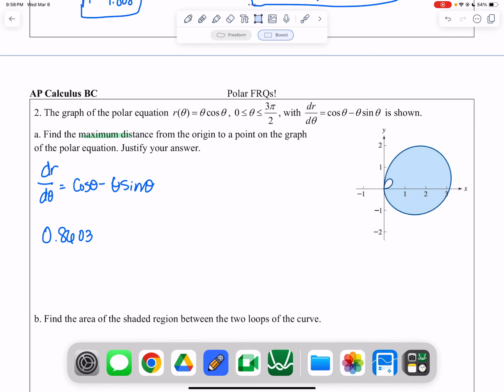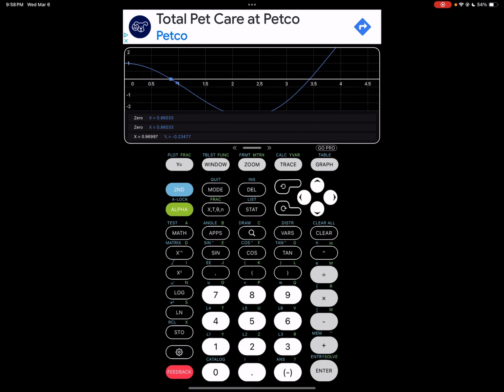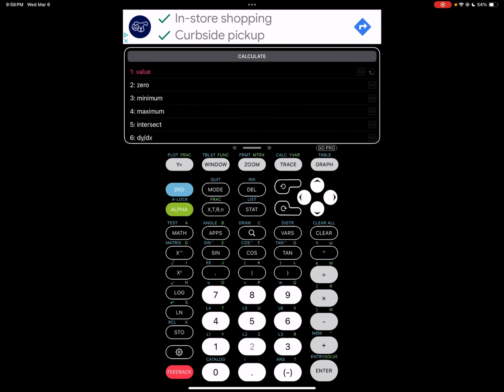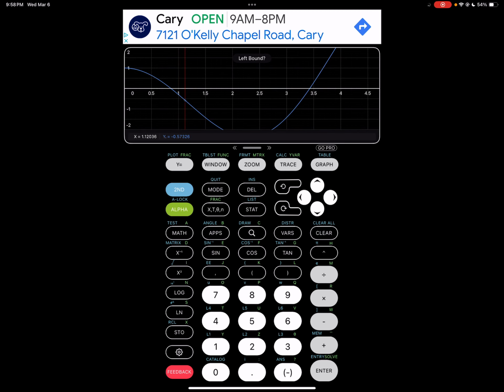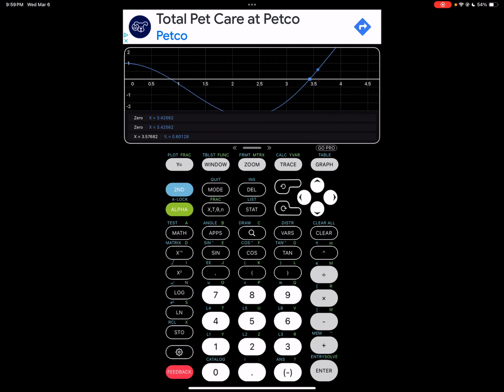And then my next zero is going to be all the way over there. And that's going to give us 3.425.